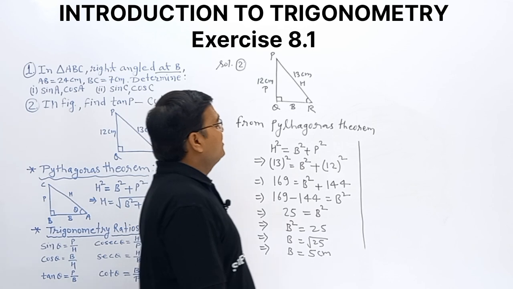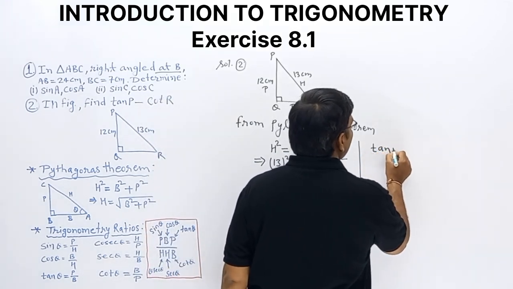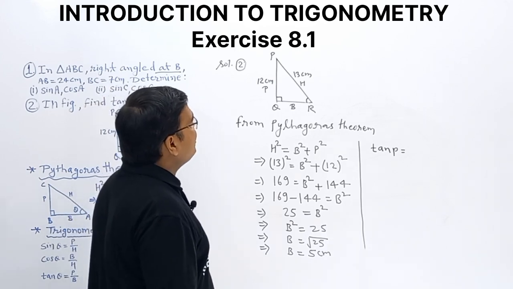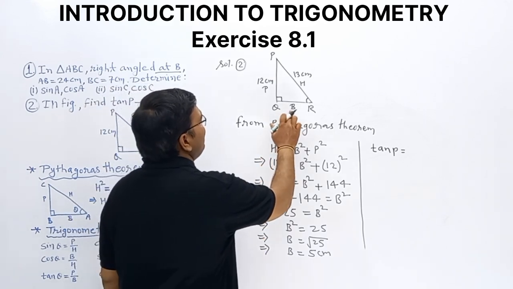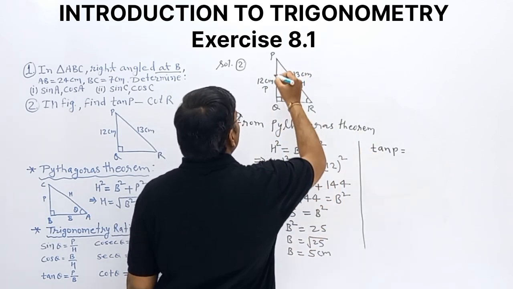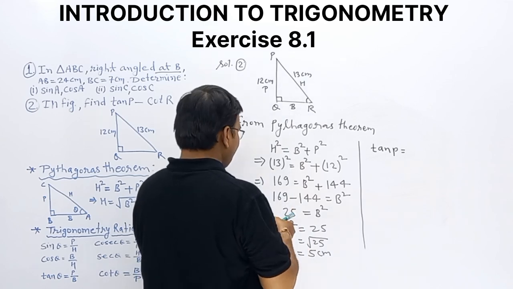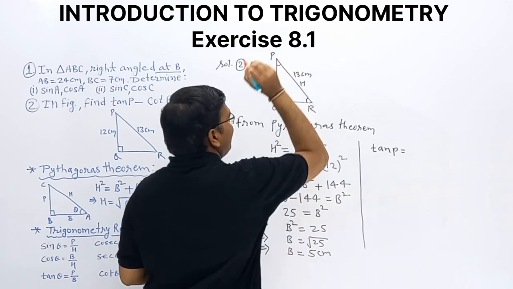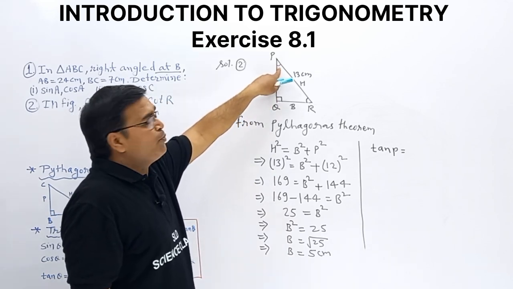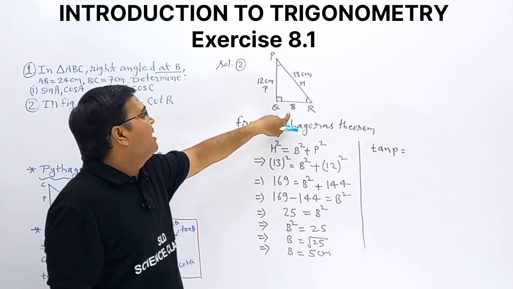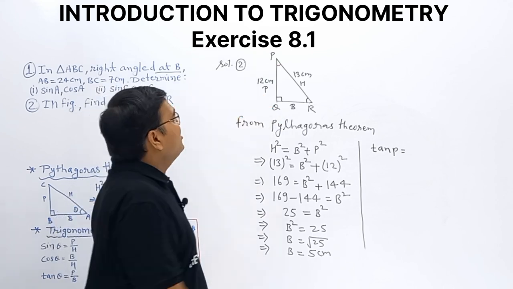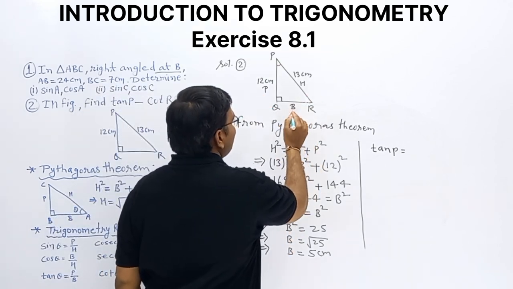So first I am taking tangent P. For tangent P, listen, tangent P means this is the acute angle, and its opposite side will be the perpendicular, and its adjacent will be the base. Clear?